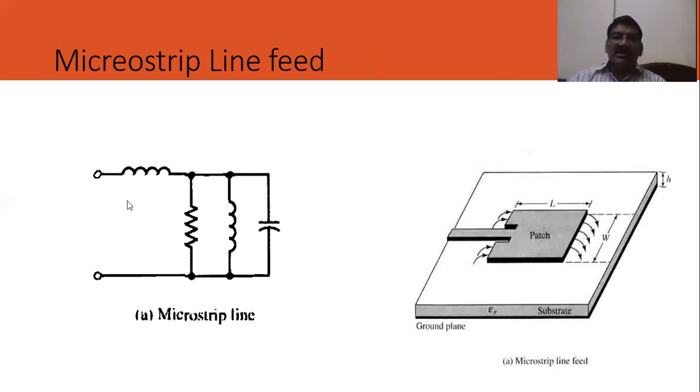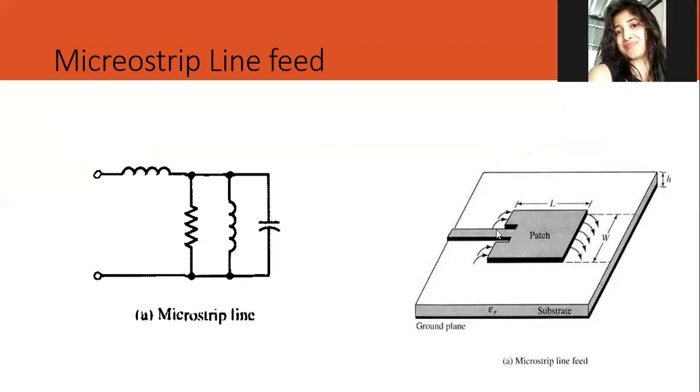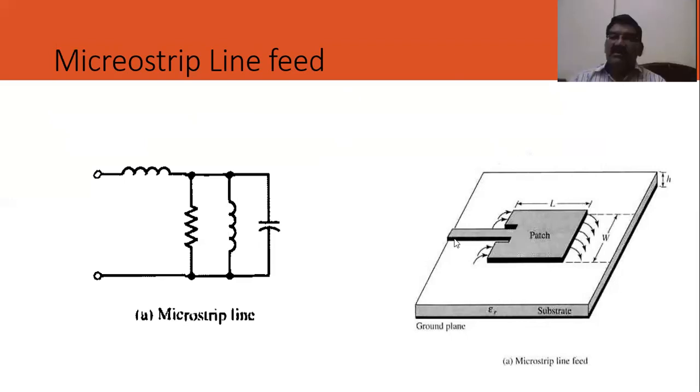Now in the microstrip line feed, this is the technique. This is the microstrip line. As this is the patch antenna, you can have a microstrip line given here, and this is the microstrip line feeding.